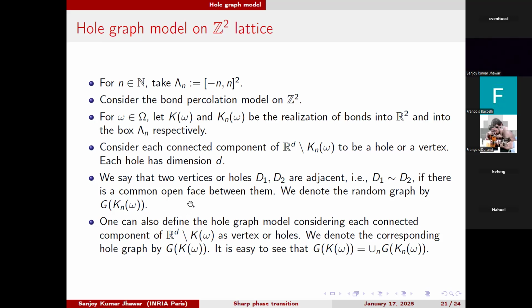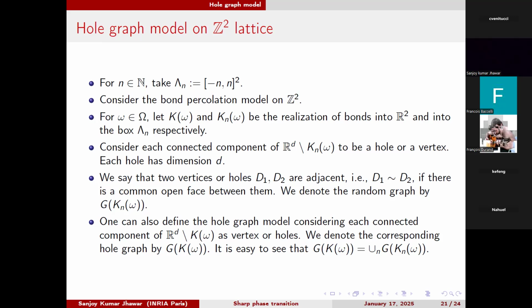So one can construct a graph out of these components that we get when you remove all the bonds from the realization of a bond percolation model. You say that two components are neighbors of each other if there exists a bond between the two components.